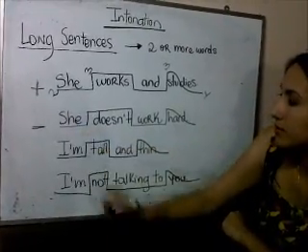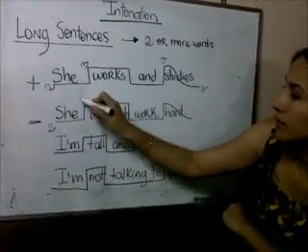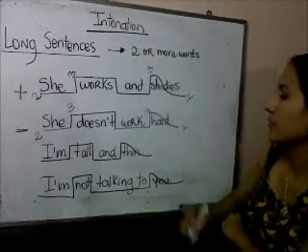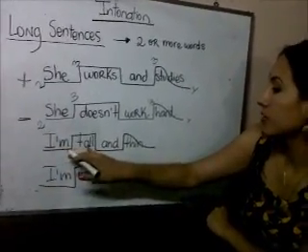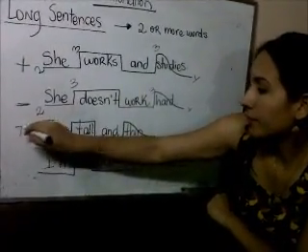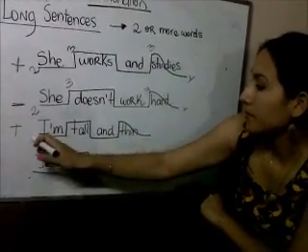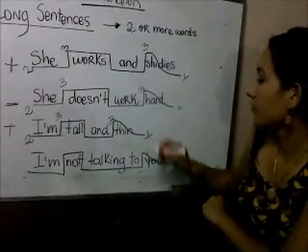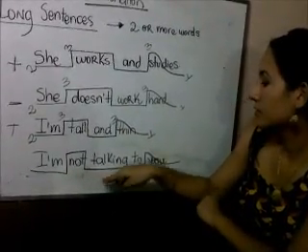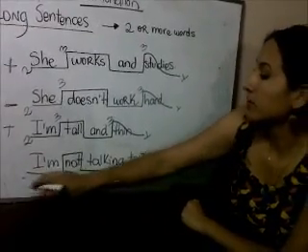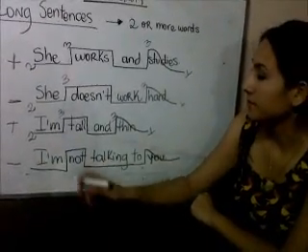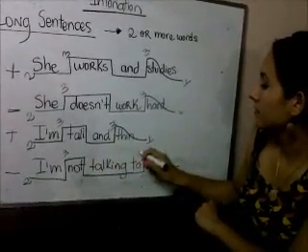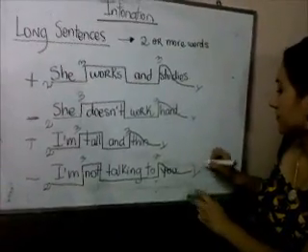A negative sentence, standard, high, high, and falls at the end. I am tall and thin. Affirmative sentence, standard, high, high, and falls. I'm not talking to you. Not is a negative word. Standard, high, high, and it falls.